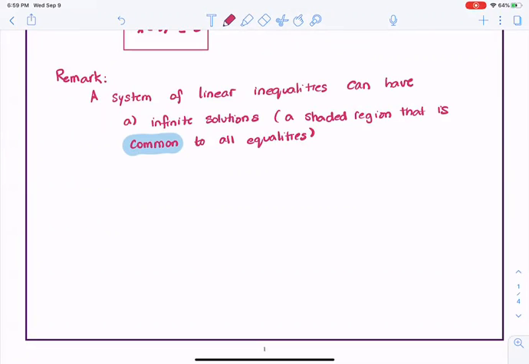If you want a different word, I could say the overlapping region.